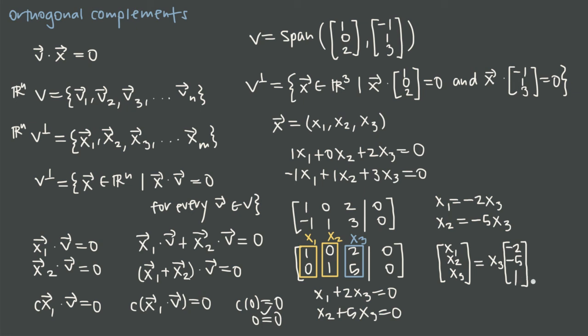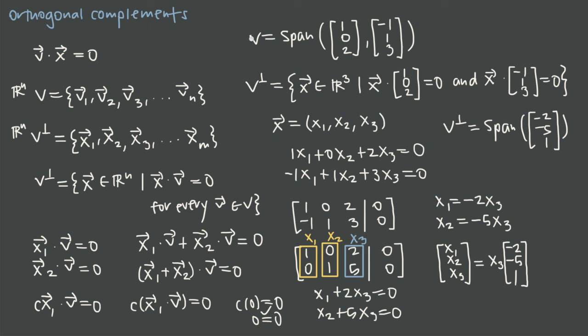What this tells us then is that the orthogonal complement V perp is given by the span of this single column vector. So we could say V perp is the span of this column vector negative 2, negative 5, 1. And based on that, if we think about this geometrically, V was given to us as the span of two three-dimensional vectors.